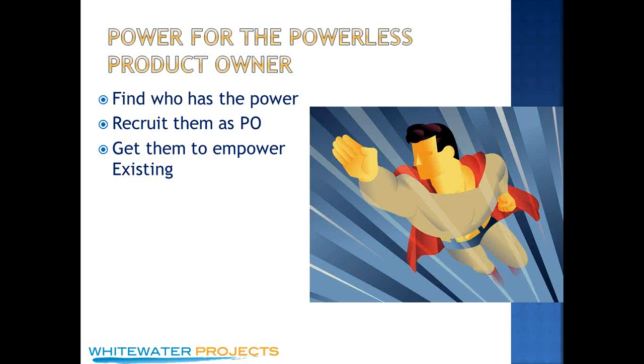But if you have someone in that position of product owner who is powerless, disempowered, you will not be successful in the long term in achieving the level of speed and quality that you could if you had a product owner who really, really had the power to deliver, right?